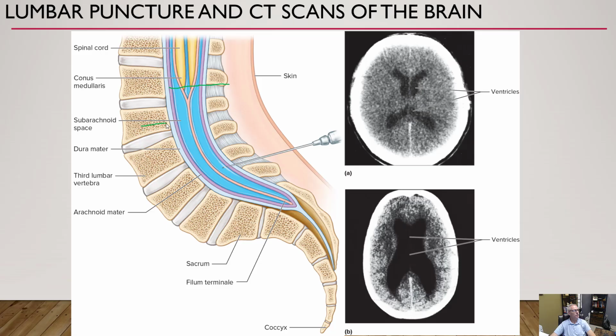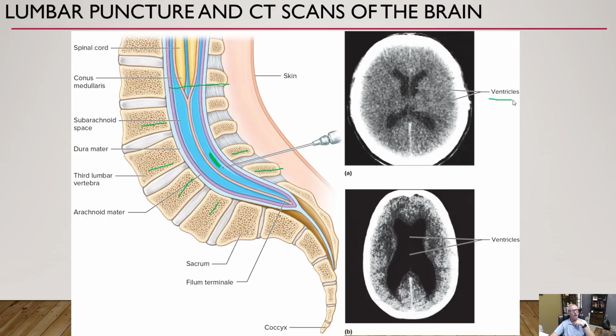So there's your L2, L3, L4, L5. So there's your L5, L4. So this lumbar puncture is going in between L4 and L5. And remember, we're in that subarachnoid space because that's where your cerebrospinal fluid is.